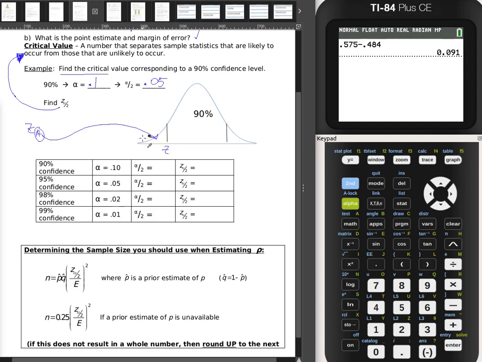But anyways, we will just find Z alpha over 2, which with that context, what we're hoping to find is such a Z score, as it were, and it's going to be called Z alpha over 2. And what that means is that this area here on this little tail should be alpha over 2.